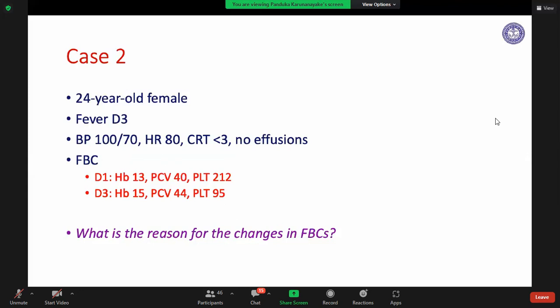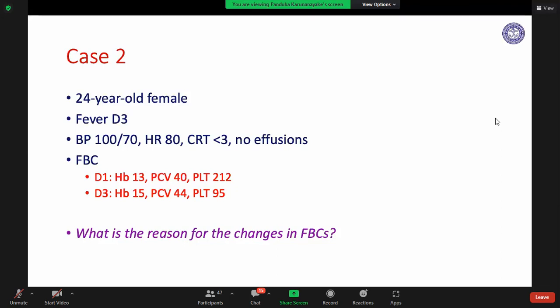Then they recover and go home. Their counts, maybe 140 on admission, then 110, then 80, 70, 50, and sometimes even 40, and then go up. So just because the count is less than 100 does not mean that they will leak.